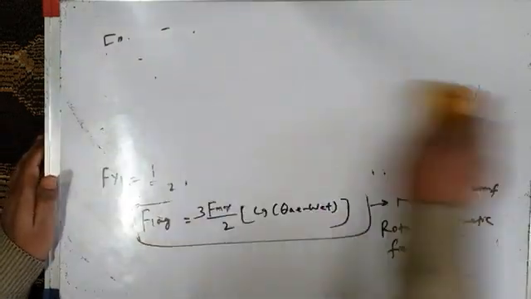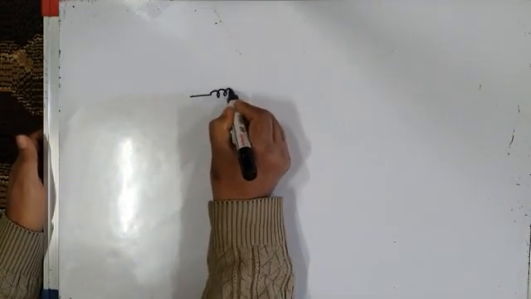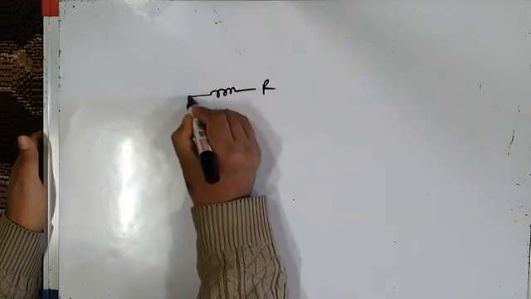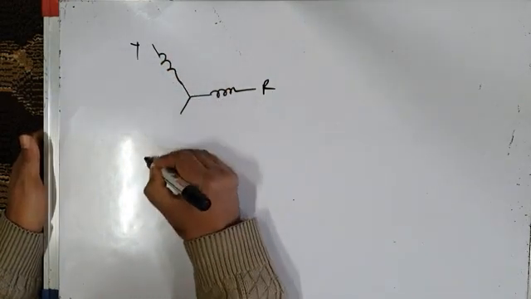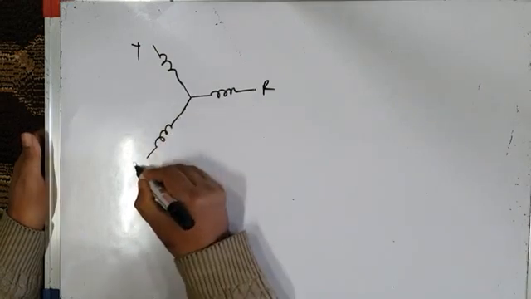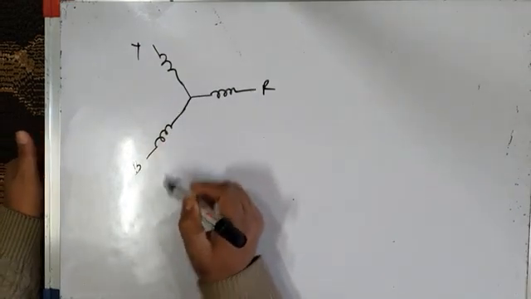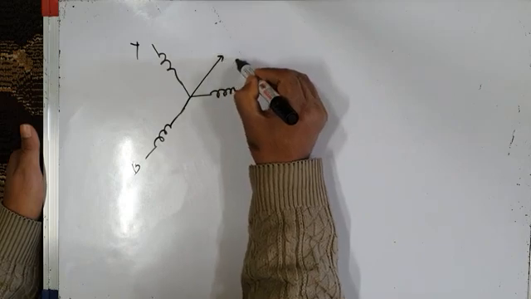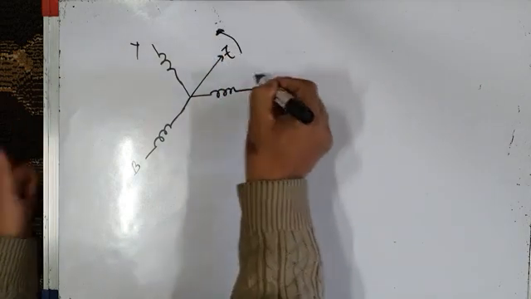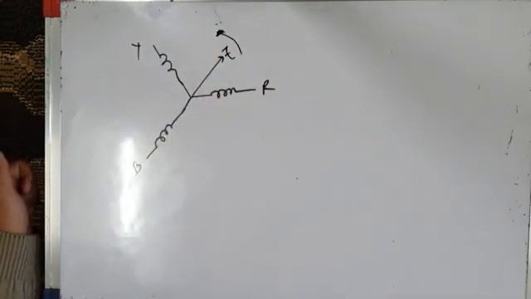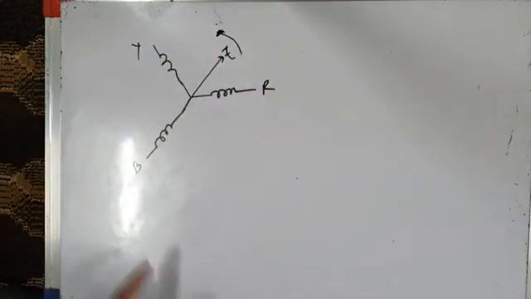So it can be shown like this. I have three-phase windings. This is phase R, for example this is phase Y and this is phase B. The three-phase windings give rise to a rotating magnetic field or rotating MMF tau, which is rotating, say for example, in counterclockwise direction. Although a few moments back I told you clockwise, it can be clockwise or anti-clockwise.